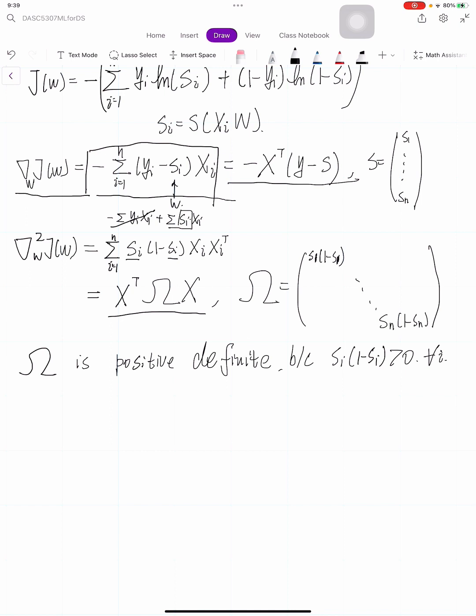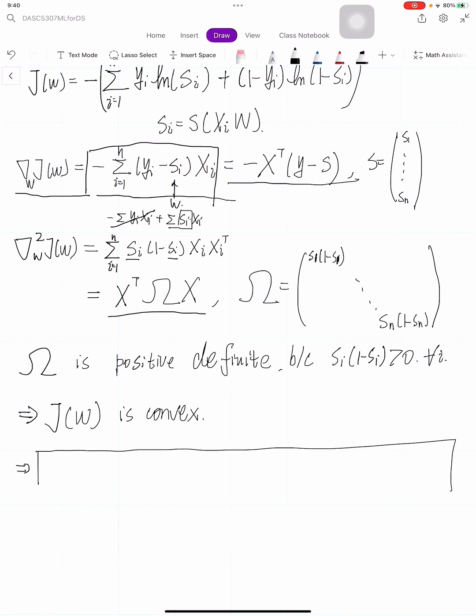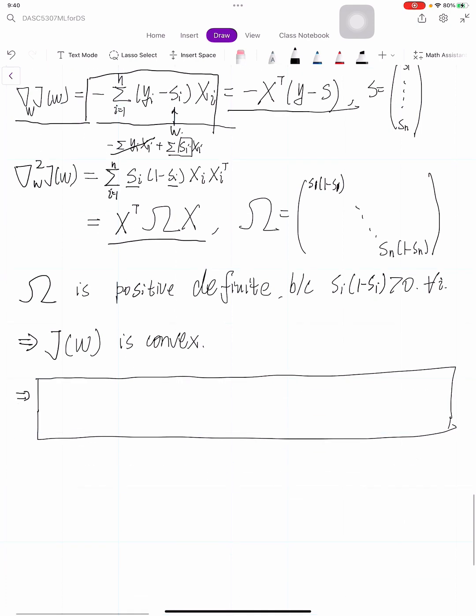If the matrix in the quadratic form is positive definite, this means the second derivative is positive, which means the cost function is convex. Therefore, we get another remark here: logistic regression always has a global optimum point.